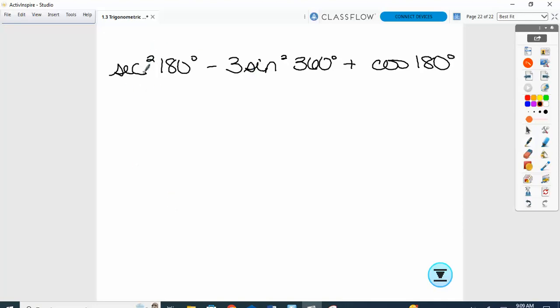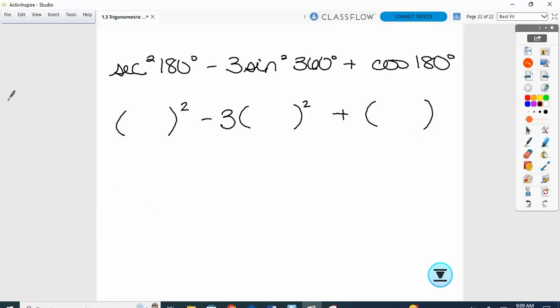The notation, when we have things squared, they always put the square on the trig function itself, but what this means is find the secant of 180 and then square your answer. Minus 3 times whatever the sine of 360 is, and then square that answer. Plus the cosine of 180. So we need to figure out these values.